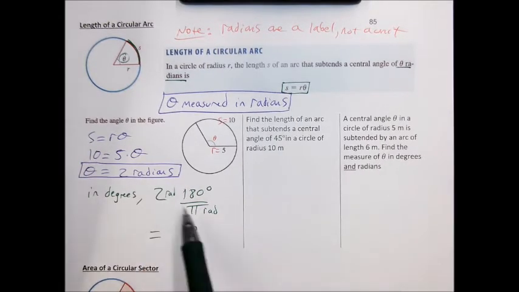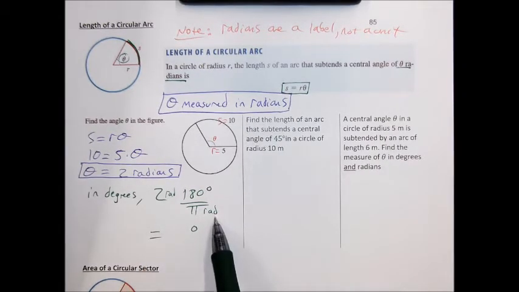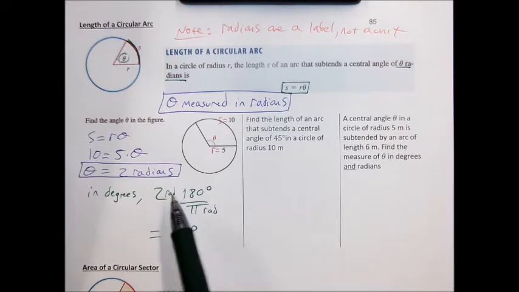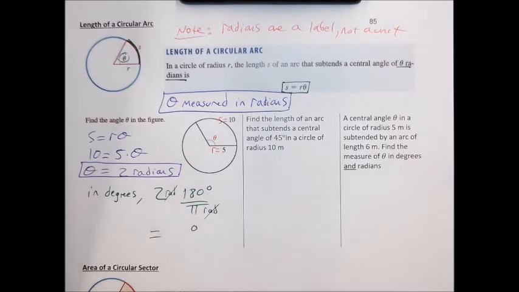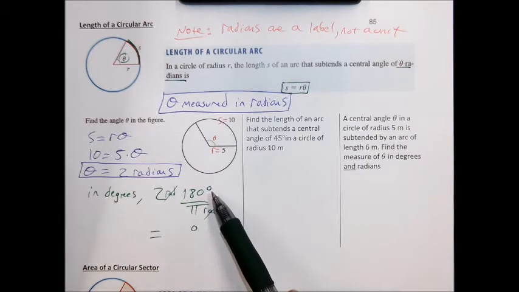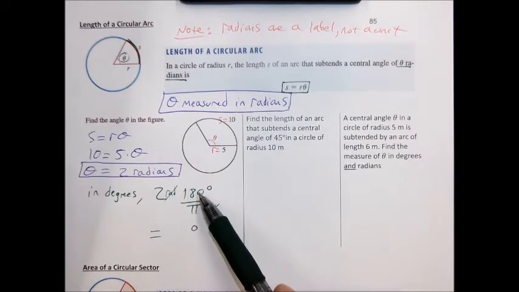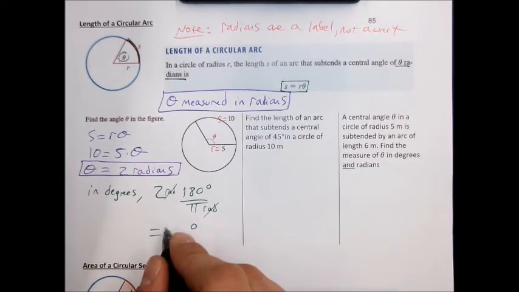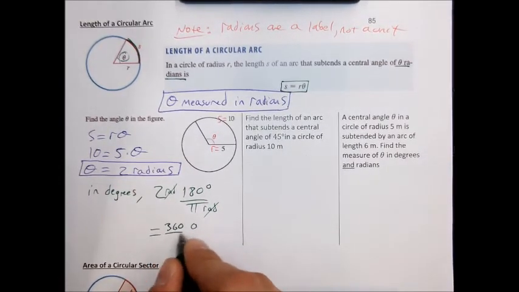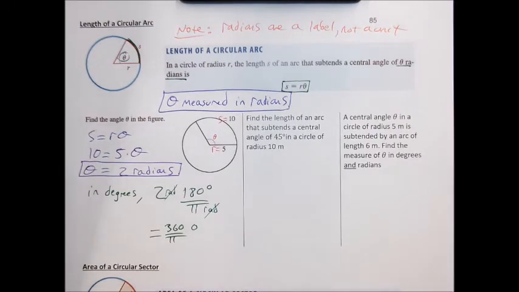When we divide by this pi radians, it cancels the radian label, and we'll be left with something that has a degree, which is what we want. Then 2 times 180 is 360, so this is the same thing as 360 over pi degrees.